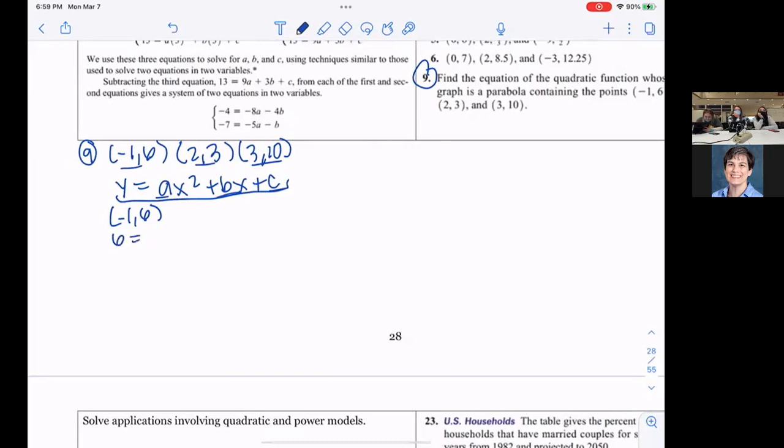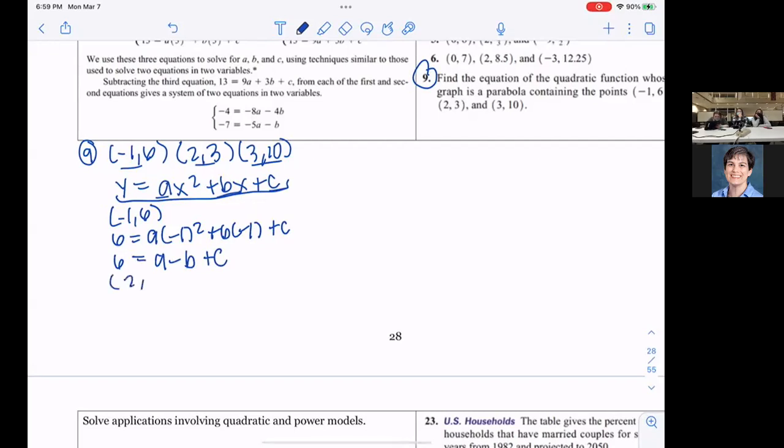So we're gonna get 6 equals A times -1 squared plus B times -1 plus C. So solving this out, we're gonna get 6 equals A minus B plus C. And then for 2, 3, when we plug that in, we're gonna get 3 equals A times 2 squared plus B times 2 plus C. And that's gonna give us 3 equals 4A plus 2B plus C.